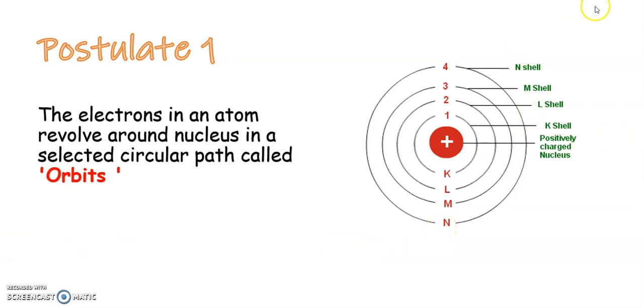The orbits are therefore known as energy levels or shells. Bohr gave numbers 1, 2, 3, 4, etc. to these energy levels, and these numbers are now termed principal quantum numbers. The various energy levels are also designated by letters K, L, M, N, etc.